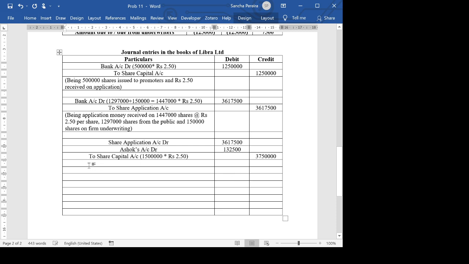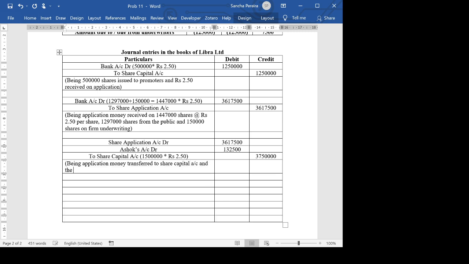So being application money transferred to share capital account and the balance adjusted towards underwriter, because it's just one underwriter.